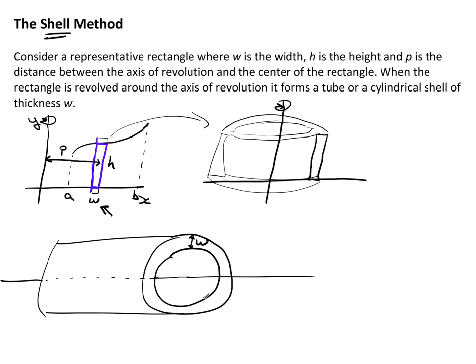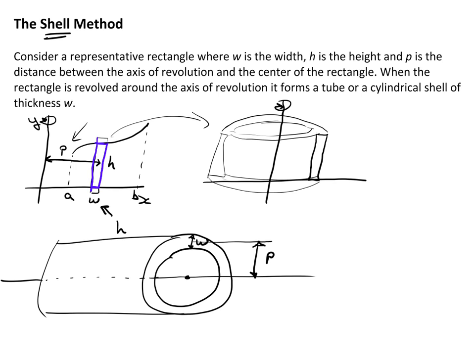And I'm going to think of P as being half the distance, the midpoint here, to the axis of revolution. So there's the P that I drew right there. And then I have the height of this rectangle, which is actually sitting right here.